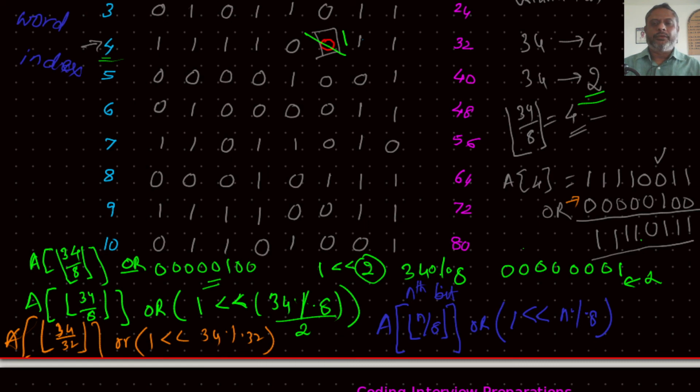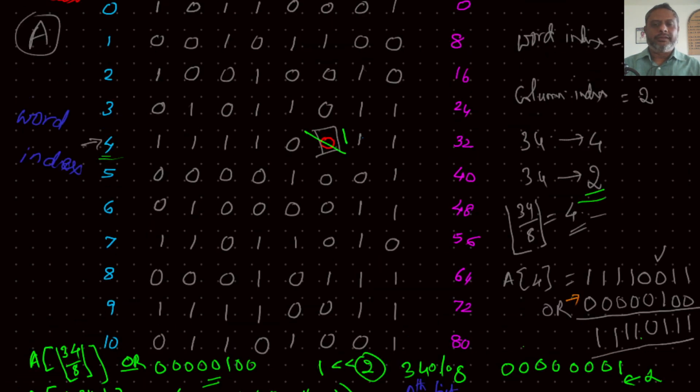So if you want to reset this, then you have a 1 here, then 1 1 1 1 0 1 1 1 if it was there, then you AND with 1 1 1 1 1 0 1 1, then this position 0 will make this to be 0, and all other places 1 will retain all things as it is if you go for an AND.